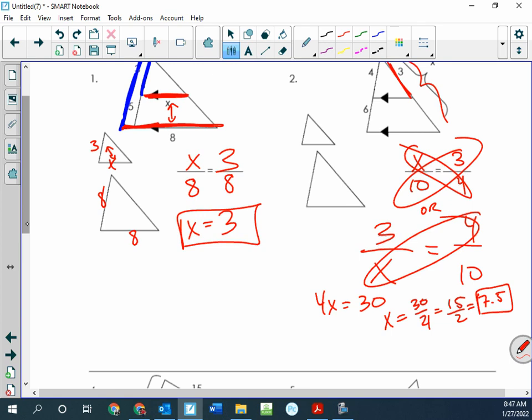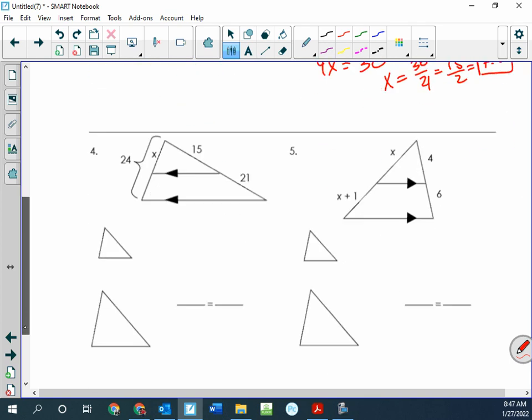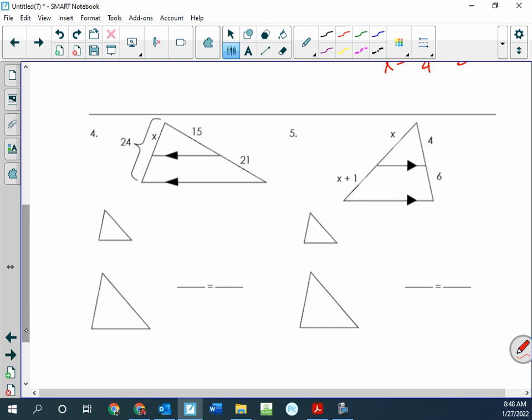Okay, let's look at number 4. So here's x. What can we match with x?